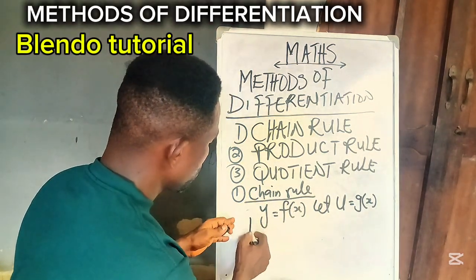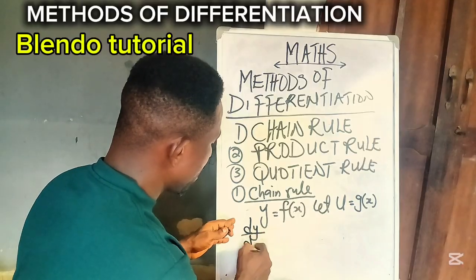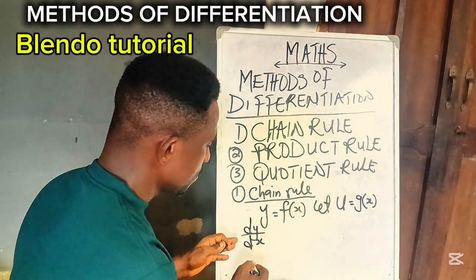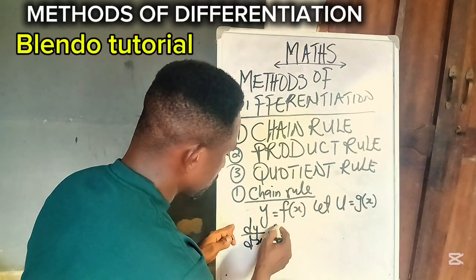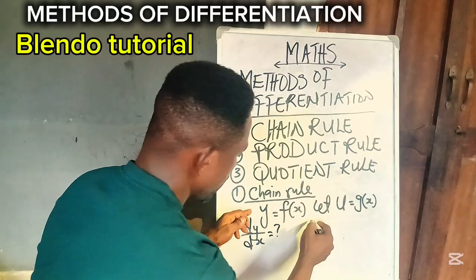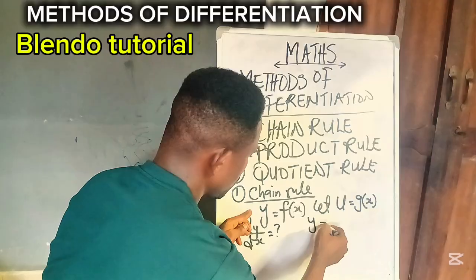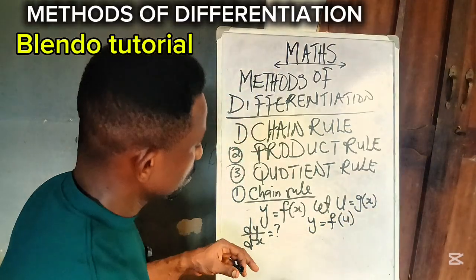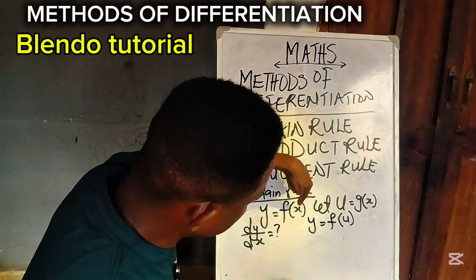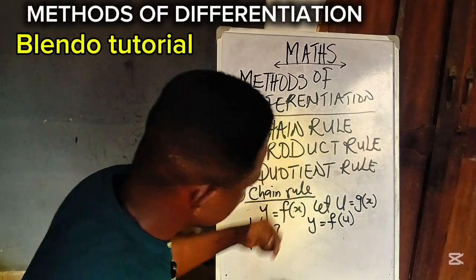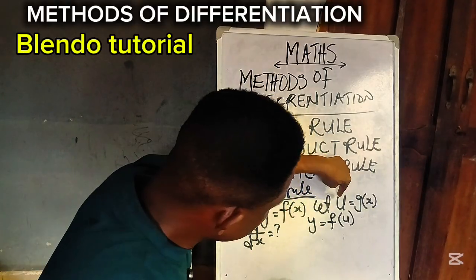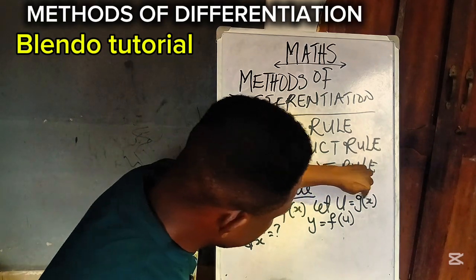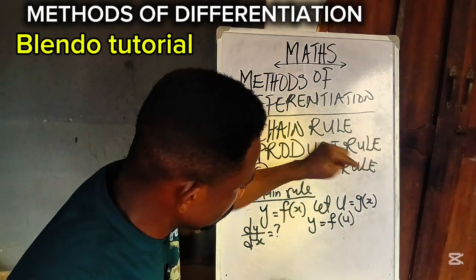Therefore, we say dy dx is what we are looking for. Here we have y is equal to f of u. This x is a function of x, that is g of x. We say let it be u. Anywhere you see x, replace it with g of x, which is u.